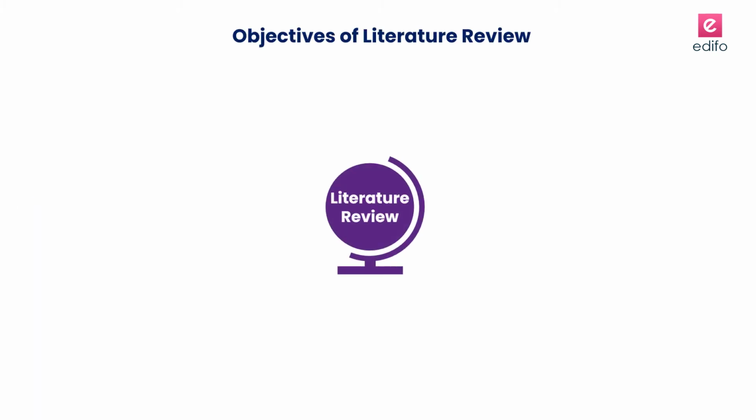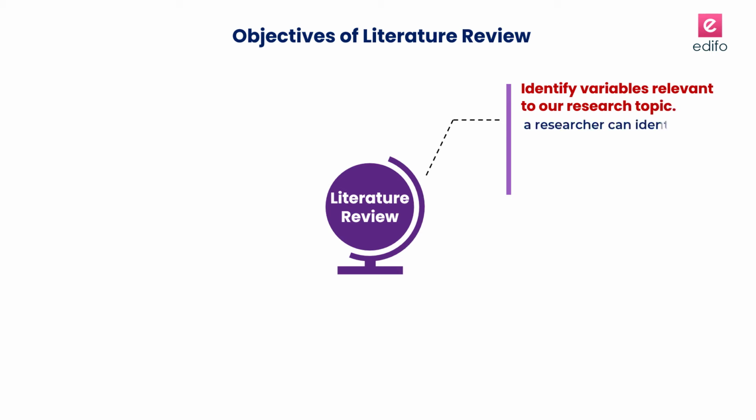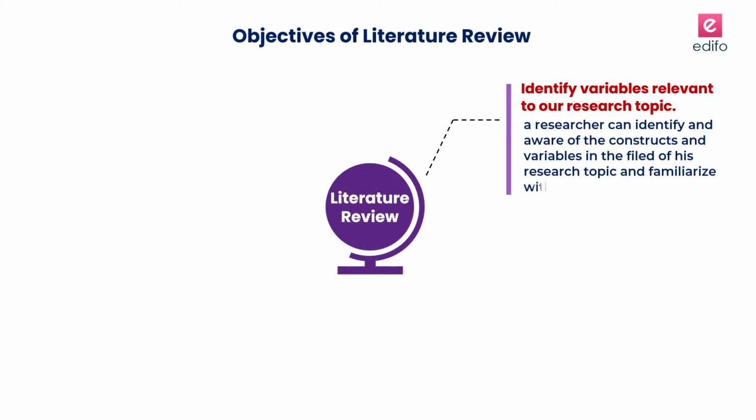Now, what are the objectives of literature review? The first objective is to identify variables relevant to our research topic. With the help of a literature review, a researcher can identify and become aware of the constructs and variables in the field of his research topic and familiarize himself with them.